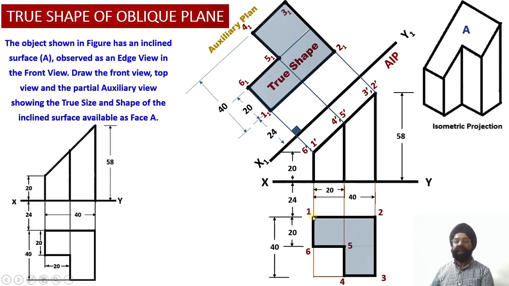So here we have verified that this true shape of the cut section is bigger than the apparent shape of the cut section which was observed in the top view, which was viewed onto the horizontal plane. So I hope that through this discussion you would have understood the mechanism to evaluate the true shape and size of this inclined cut surface.